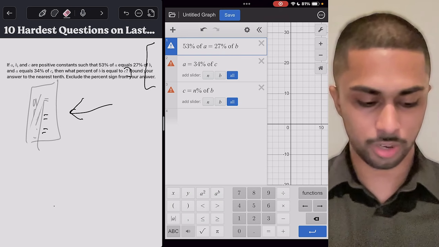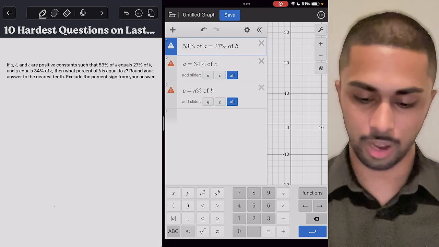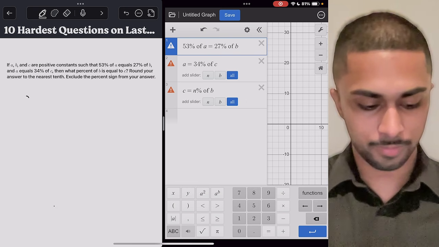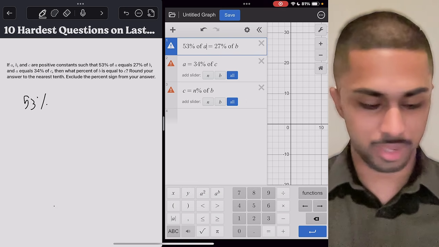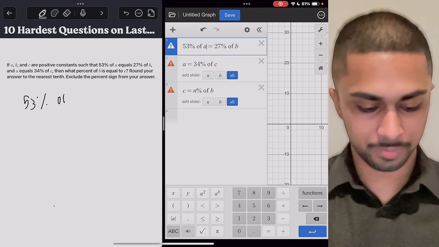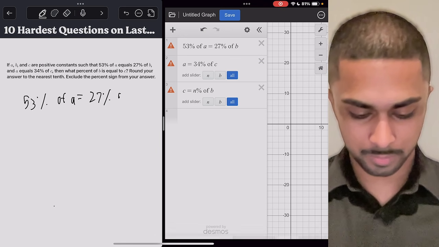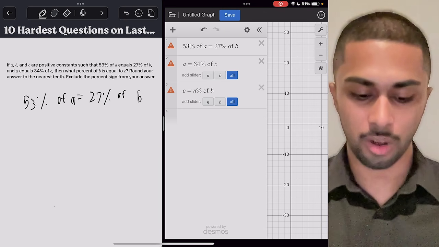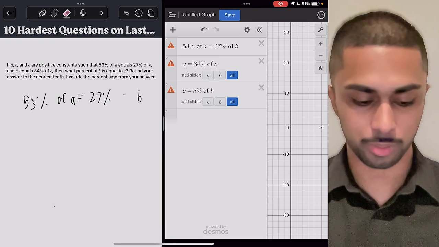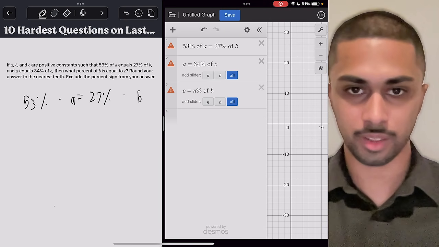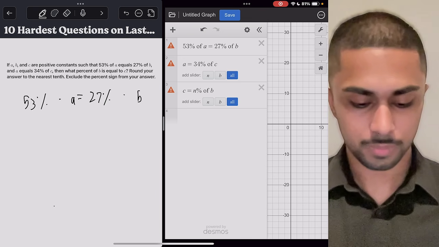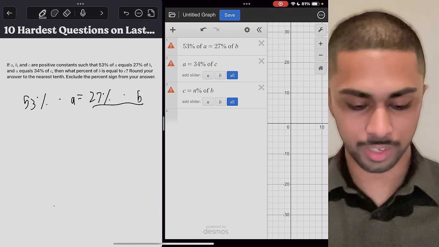So how do we turn this first equation up top, this one, into just a B equals something? Well, let's first write it out. Anytime you see "of," you can just replace it with a multiplication. It's the same exact thing. Okay, and I think you can see it now.